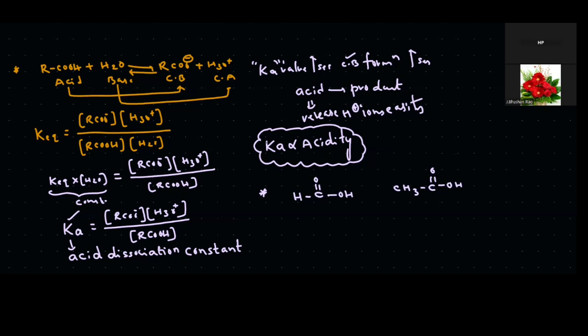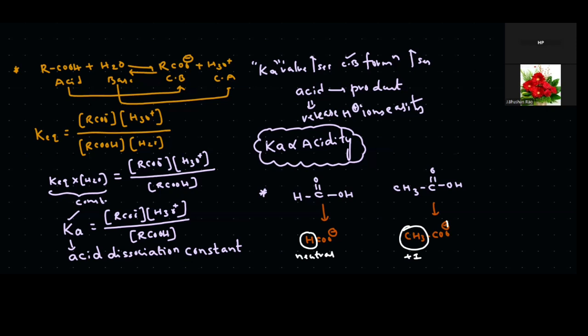After removal of the H plus ion, we get HCOO minus, and from the other, CH3COO minus. Here a hydrogen group is attached, which is neutral. But the CH3 group is a plus I group. A plus I group increases the electron density on the oxygen, so it is unable to release the H plus ion very easily.